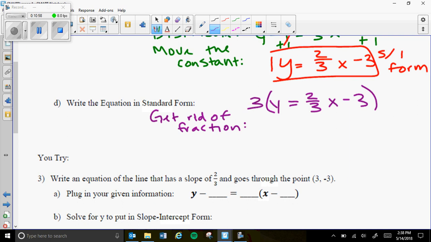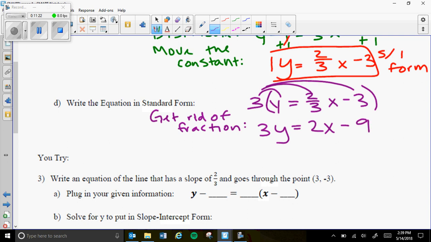I need to multiply everything by 3. So we always look at the denominator of our fraction to get rid of those fractions and multiply by that denominator. So if I distribute to all my terms, I get 3y equals 3 times 2/3 is 2x, and 3 times -3 is -9.